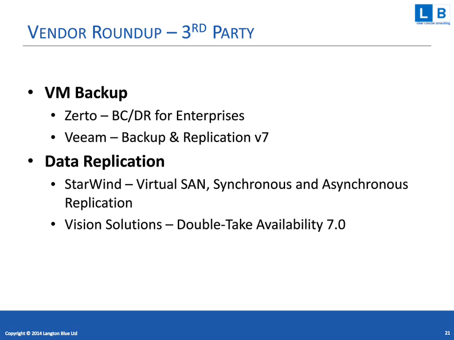And then from a data replication perspective, StarWind, obviously we should talk about them. They have a product called Virtual SAN, and Virtual SAN effectively gives you the ability to create LUNs that sit on the primary site, and you can both synchronously and asynchronously replicate those LUNs to a remote site for disaster recovery purposes.